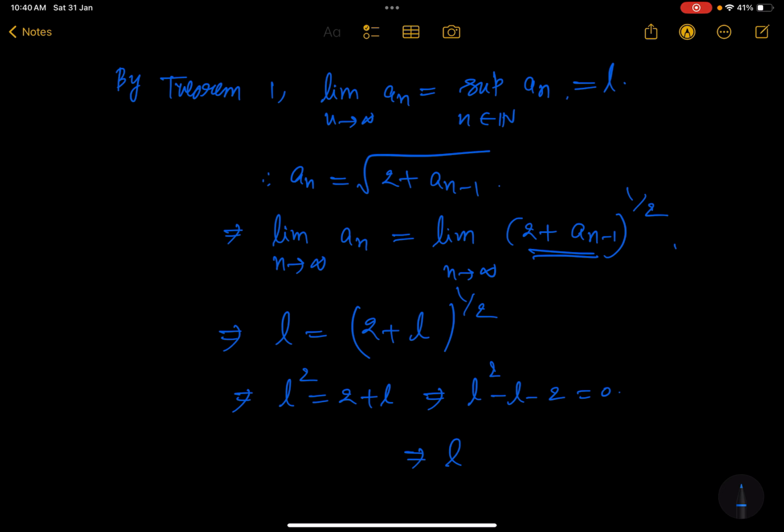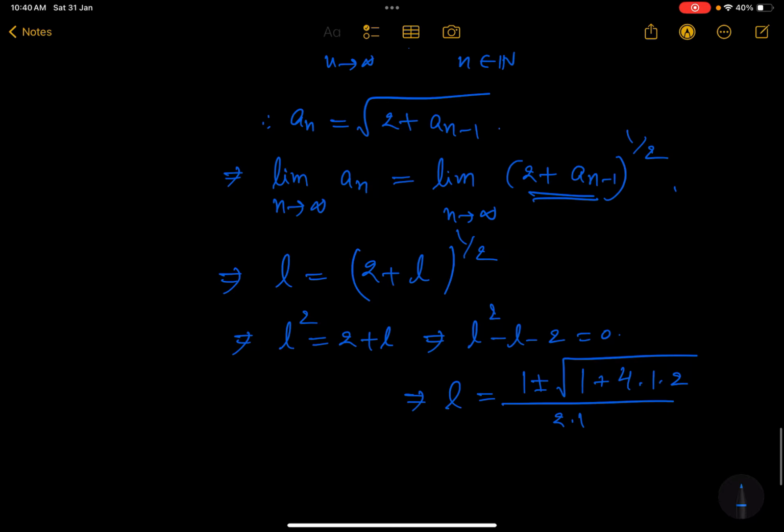That implies L equals minus b plus or minus square root of b squared minus 4ac, divided by 2a, which is (1 plus or minus 3) divided by 2. So it equals 2 or minus 1.